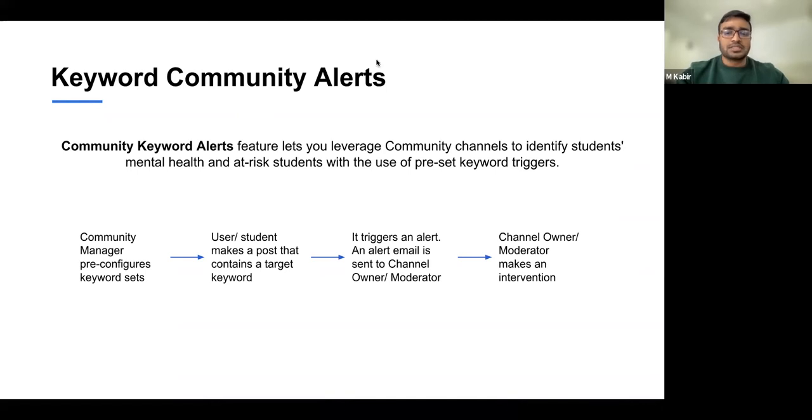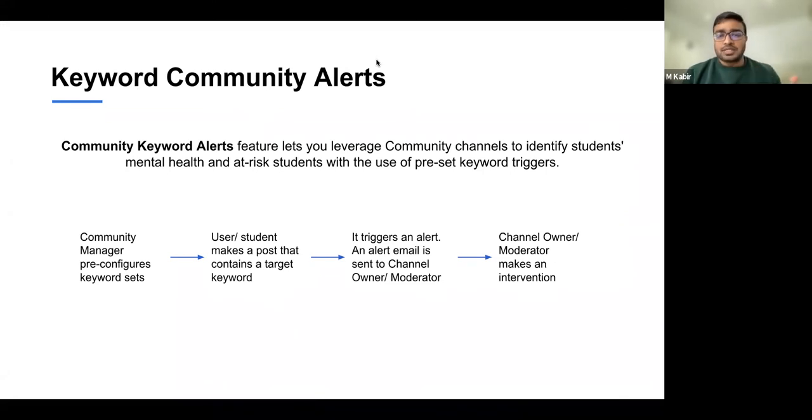What this means is that community channels get really busy, and it's difficult to scour through all these different messages and track different messages in the community channels. So this feature will let you pre-configure certain keyword sets, as per your need.